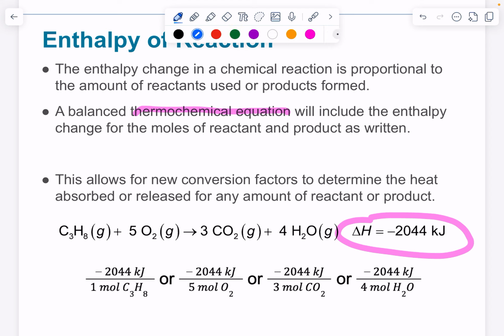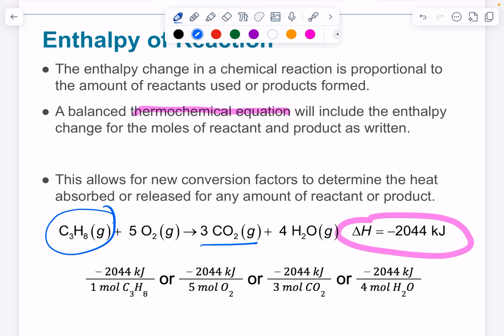But, as we're going to see, this works the same way as any other stoichiometry example. So if you remember from chapter 4, or if you don't, you should go review it. If 1 mole of propane is combusted, it will make 3 moles of CO2, right? It also makes 4 moles of water.